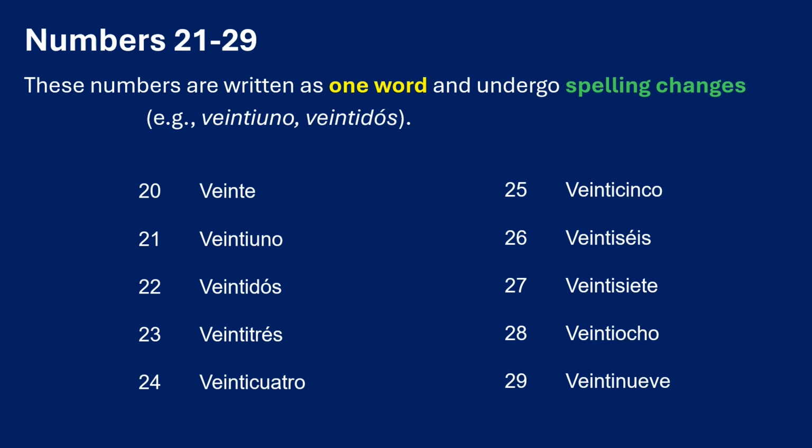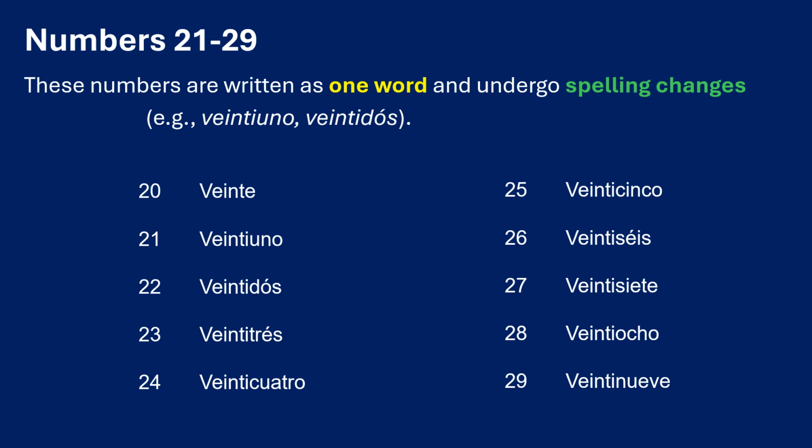The numbers 20 through 29 are also regular in the sense that they follow a certain pattern. Veinte being 20, followed by the numbers using 1 through 10, uno through nueve, in order to complete the number. They're written as one word and undergo a spelling change.